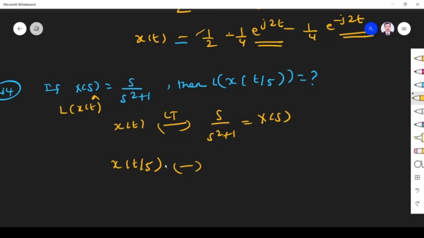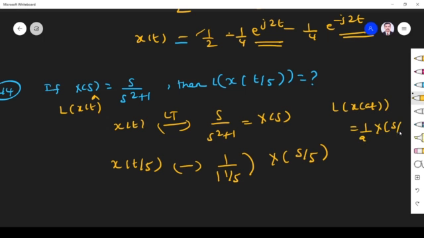So x of t by a, x of at format, that is equal to 1 by 5 into x of s by 5. What is the formula? Laplace transform of x of at is equal to 1 by a times x of s replaced by s by a, right?